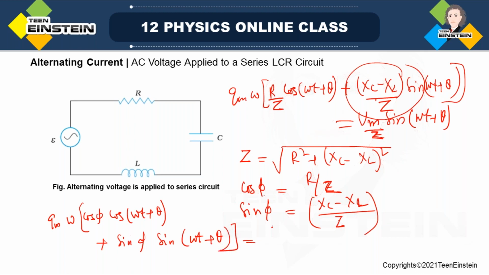And on the right hand side you will get Vm by z sine omega t.